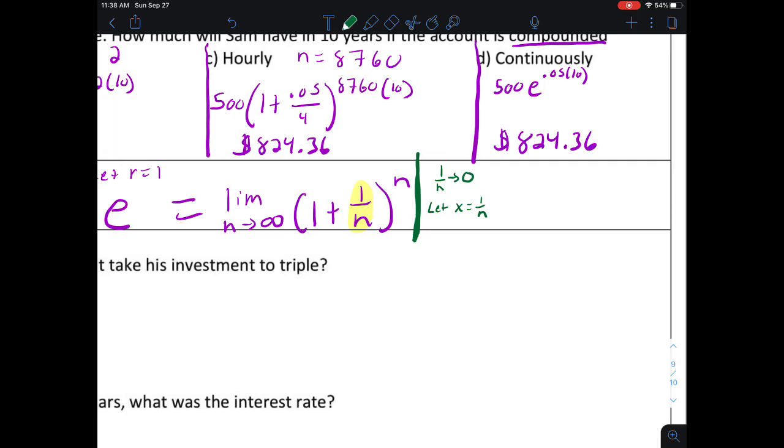So as 1 over n approaches 0, x is going to be approaching 0. And so our limit here would be the limit as x approaches 0 of 1 plus x raised to the, well, x represents 1 over n, and we need an exponent of n. So if I rearrange my terms, n is equal to 1 over x, and I put 1 over x as the exponent. That is an alternate way to define e as well. So we have two ways to define what e is.